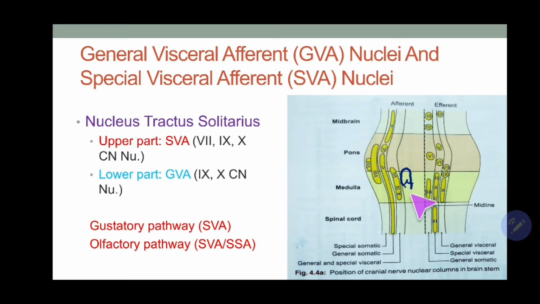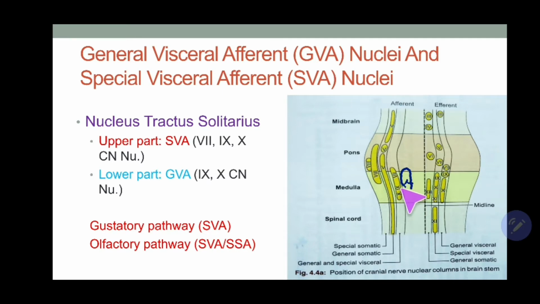The next, the taste sensations of the posterior one third of the tongue, including the circumvallate papillae, will be brought in here in the lower portion of the upper segment of this nucleus tractus solitarius. Then the posterior most portion of the tongue, called the vallecula, as well as the epiglottis, the taste sensations will be brought in through the vagus.